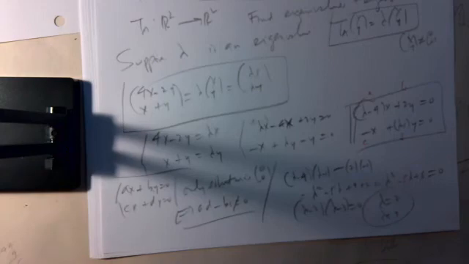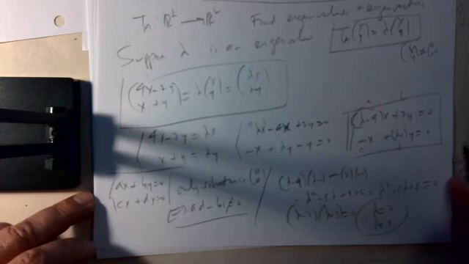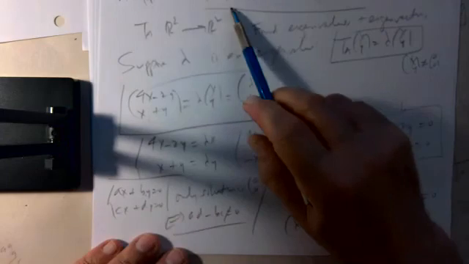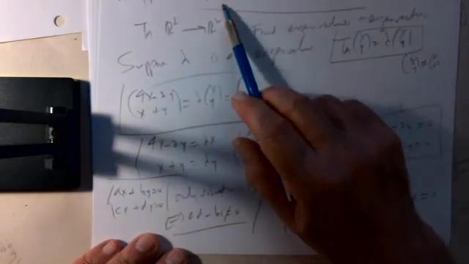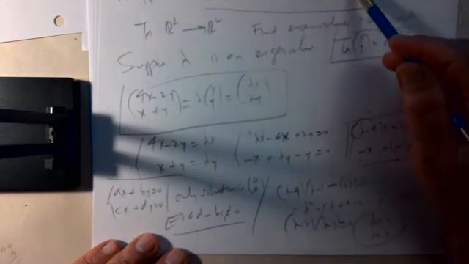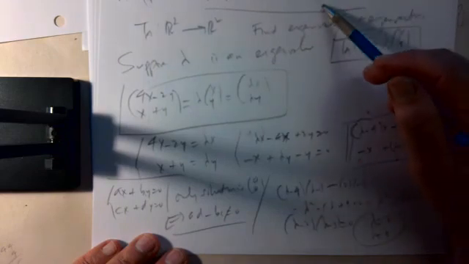Right? So let me go through this argument again, because this is a basic argument, which is a nice combination of what you're supposed to learn in high school, certainly in pre-calculus, and linear algebra. So here we have a linear transformation from R2 to R2. It sends the vector (x, y) to (4x minus 2y, x plus y).